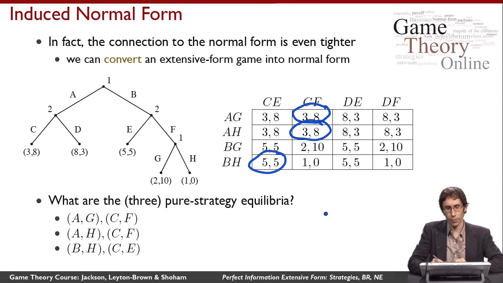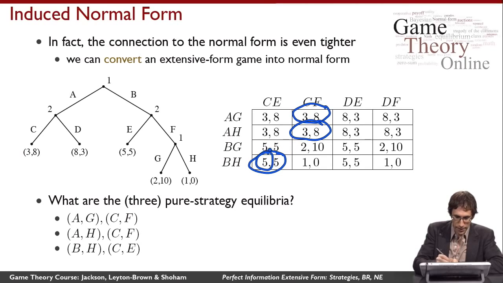So let's talk about how we're able to see that those are equilibria. Recall, always the way that we test for a pure strategy equilibrium in a normal form game is to, for each player, check and see whether there's any deviation that would give that player greater utility. So let's, for example, look at BHCE. If player 1 was to deviate here, you can see there's no other action he could take that would give him more than 5.